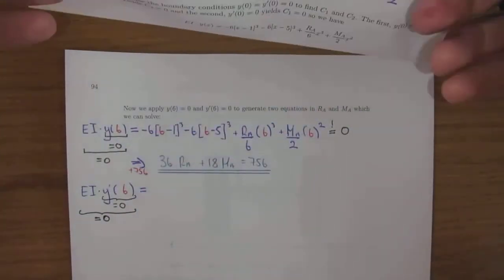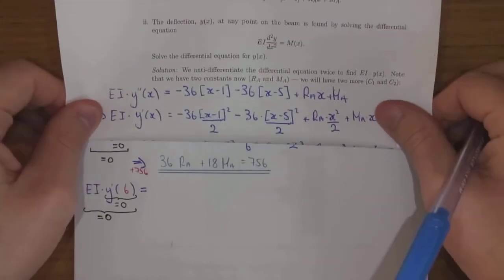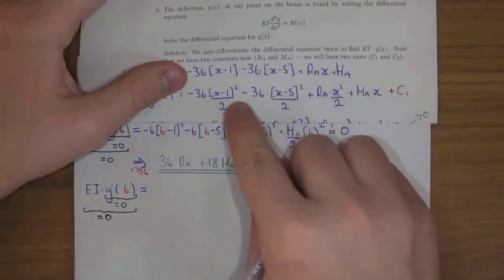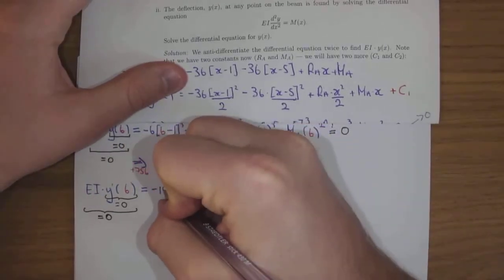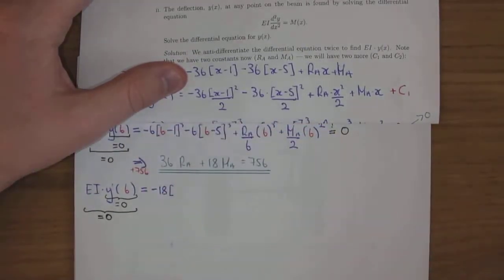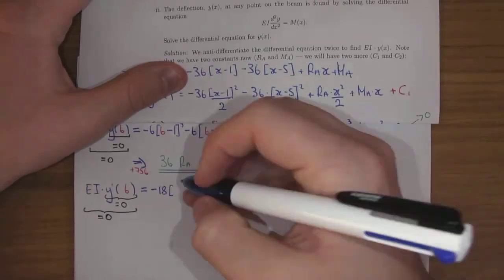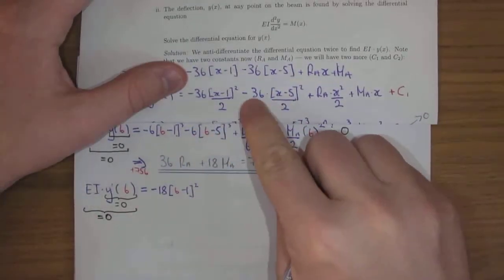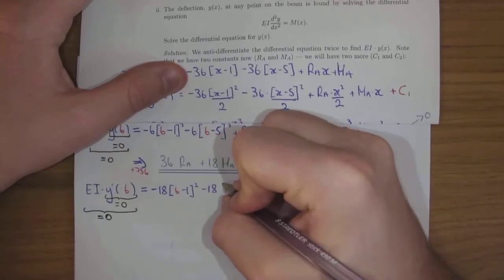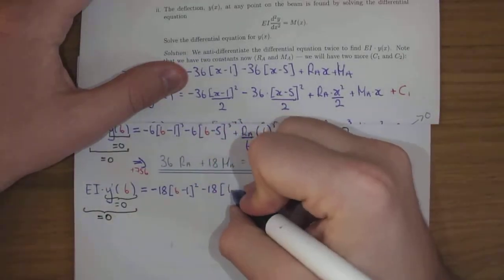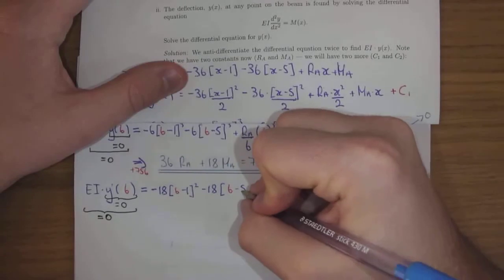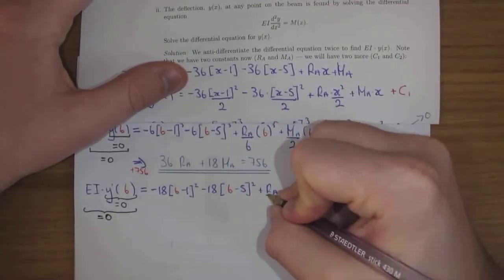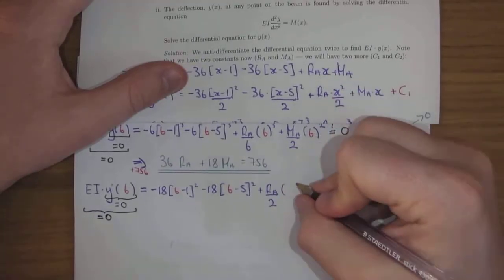Now I'm going into y dashed of x, which I have from back here. So minus 36 over 2 is minus 18. Square bracket, 6 minus 1 to be squared. Minus 36 over 2 is minus 18. Square bracket, 6 minus 5 to be squared. Plus RA over 2 times x squared, 6 squared.